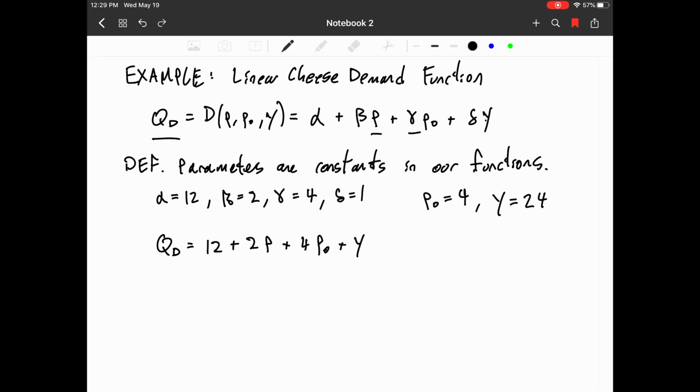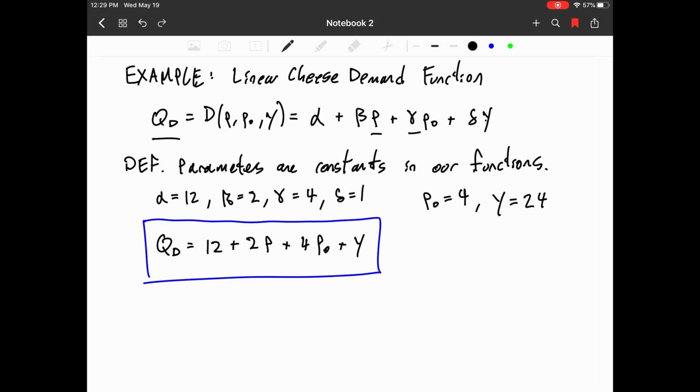This form tells us the relationships between these three different variables and how they influence the quantity demanded. So I'm going to highlight this, and we'll come back to this a little bit later.